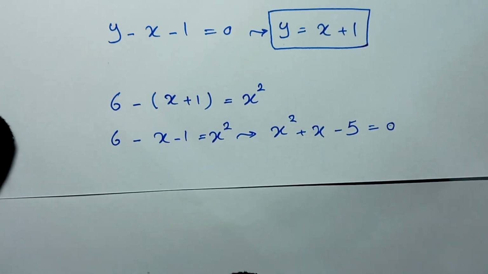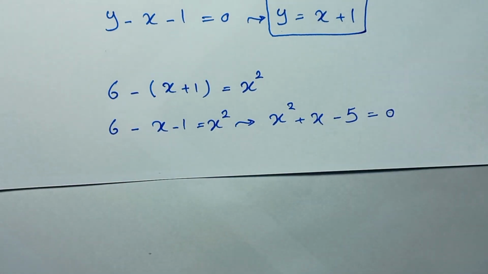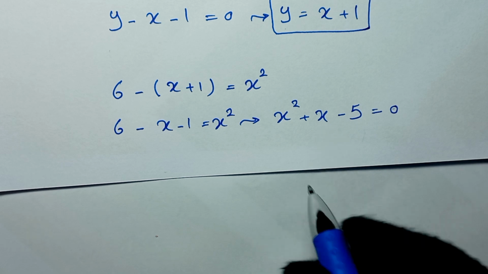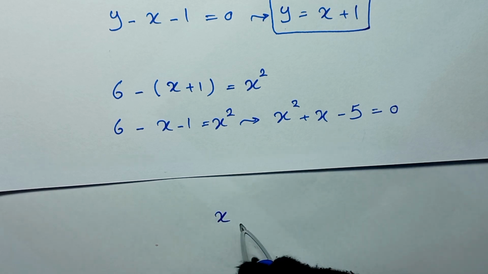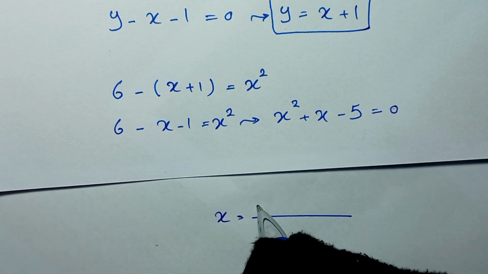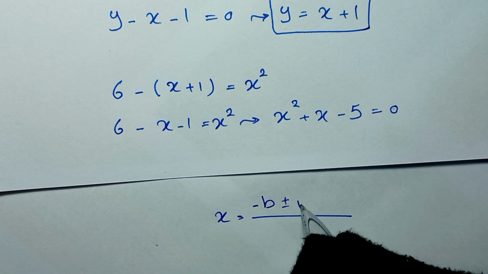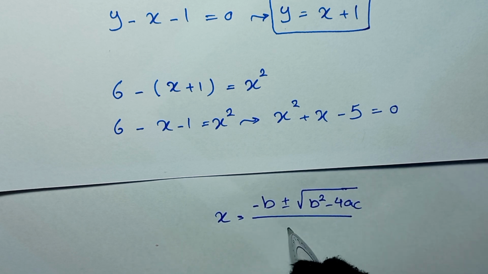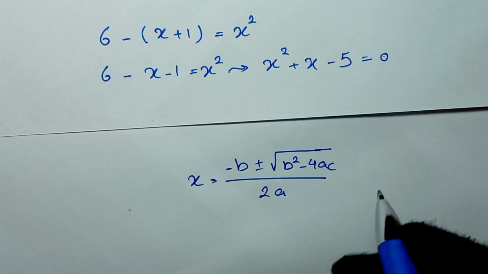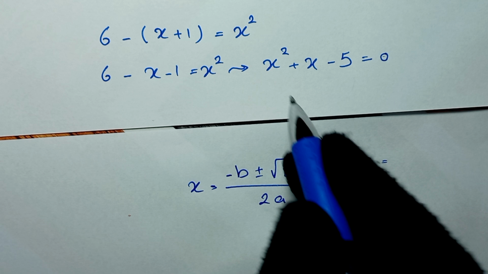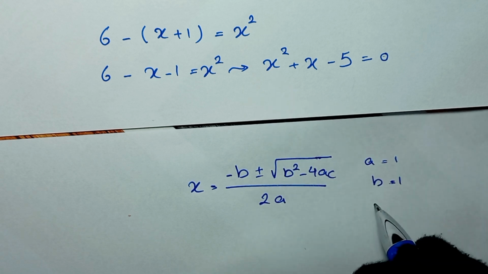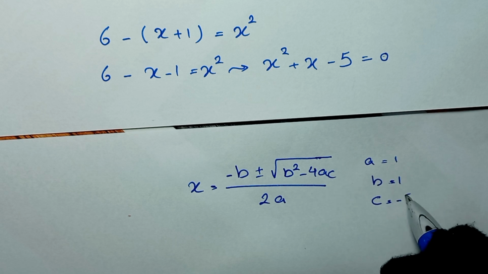And in the next step, for this equation, we use the quadratic formula, which is x is equal to negative b plus or minus square root of b squared minus 4ac over 2a. And from here, a is the coefficient of x squared, which is 1, b is the coefficient of x, which is 1, and c is the constant, negative 5.